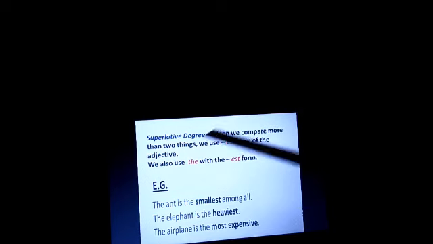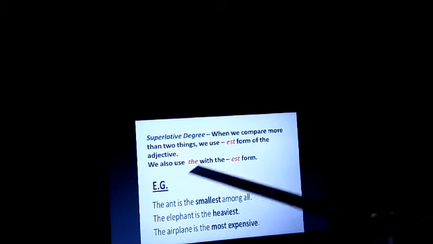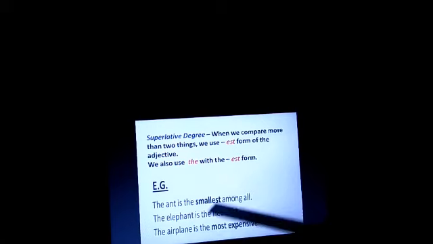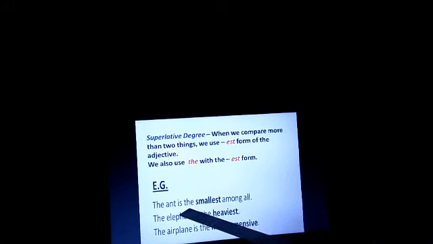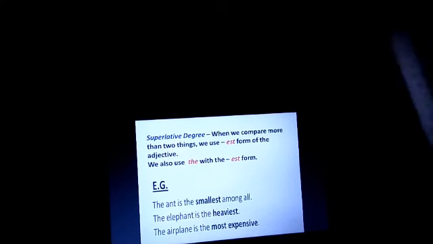This is the rule of superlative degree. EST and the. For example, the ant is the smallest among all. Again we have used EST and the. This is the identification of a superlative degree sentence.